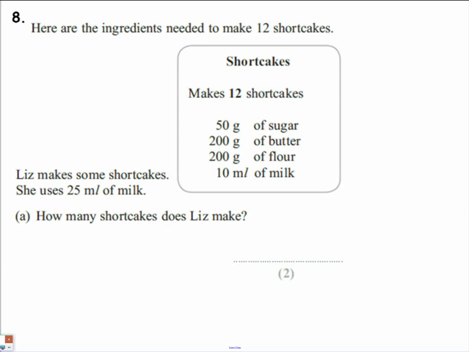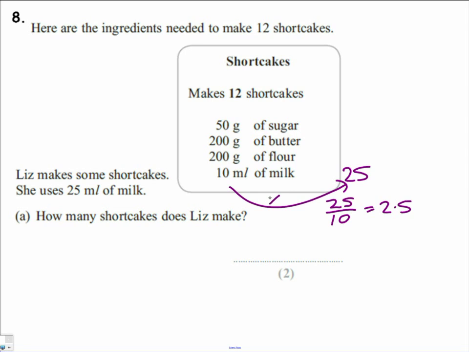Question 8. Here are some ingredients to make 12 shortcakes. Liz makes the shortcakes and she uses 25 millilitres of milk. How many shortcakes does she make? Well, this is a ratios question where we've gone from 10 of something to 25 of something. So how did I get from 10 to 25? Well, it's 25 divided by 10, which is 2.5.